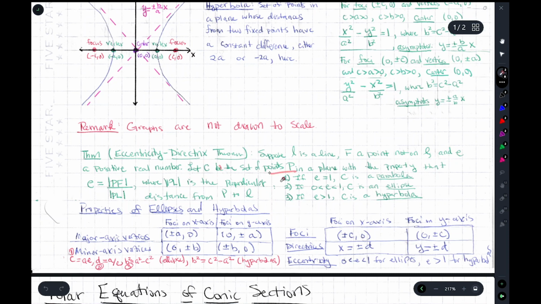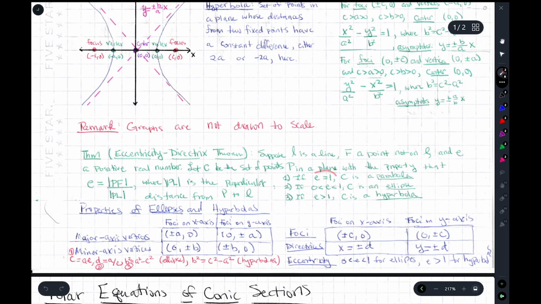Let C be the set of points P in a plane with the property that the distance from the point P to this point F that's not on the line, over the distance from the point P to the line, has this constant ratio. So PL is the perpendicular distance from P to L, and PF is the distance from P to this point F. It has this constant ratio, which we call the eccentricity.